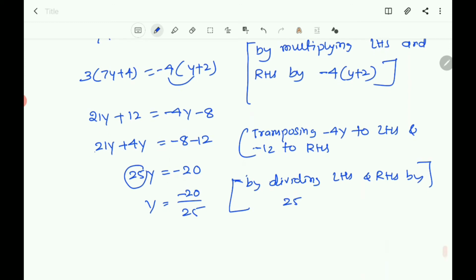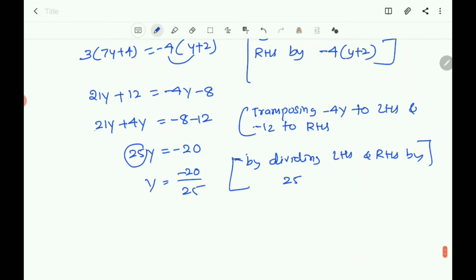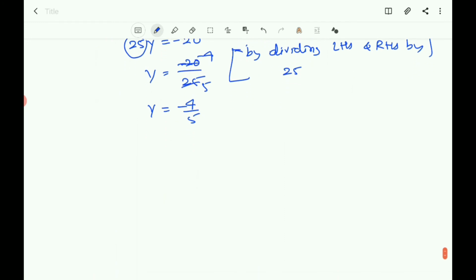So you got y = -20/25. Then 5 5s are 25, 5 4s are 20, so it is -4/5. So you got y = -4/5. Then now you come to the sixth question.